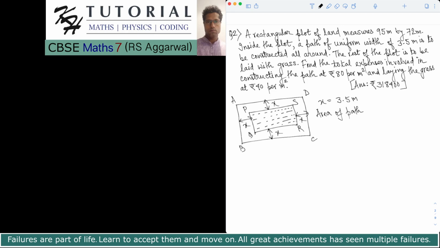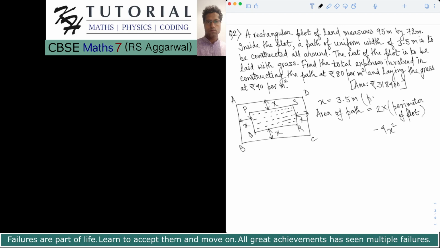But as per the formula that I have derived and discussed in the previous video, for a path inside a rectangular plot, the area of the path is 2 times the perimeter of the plot minus 4x square, where x is the width of the path.